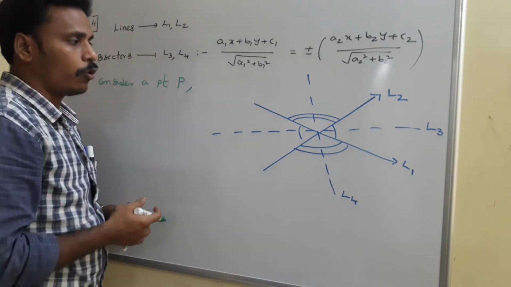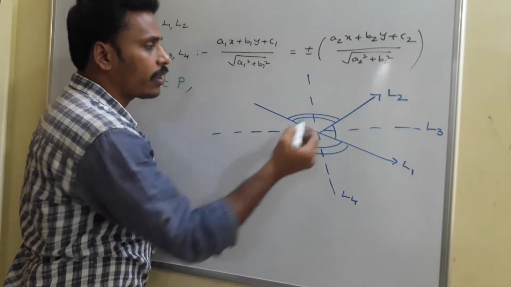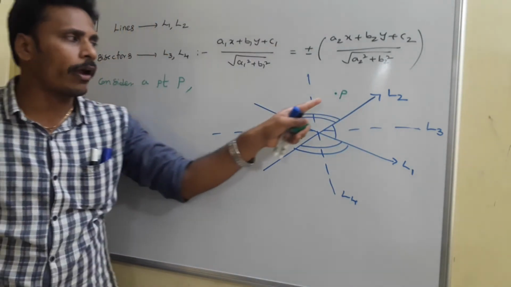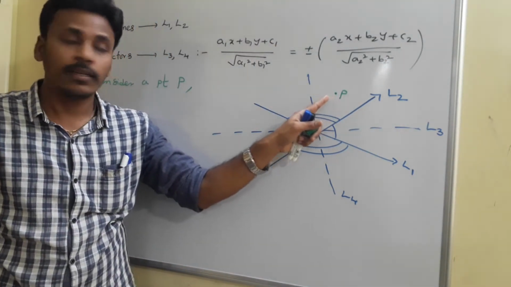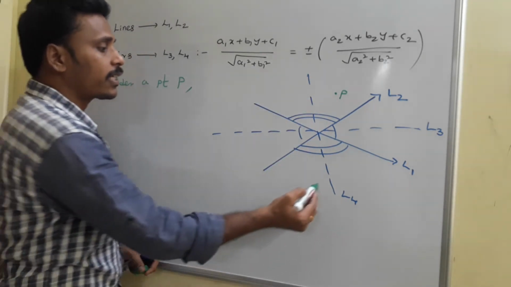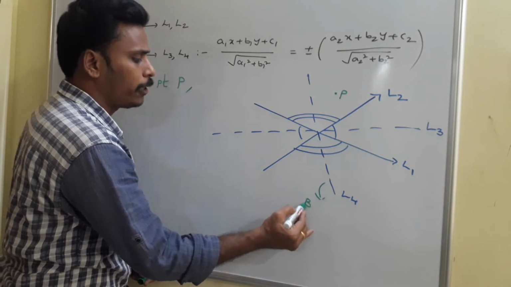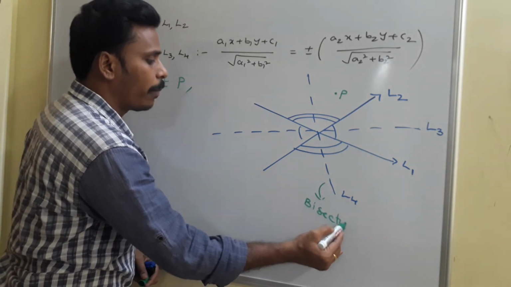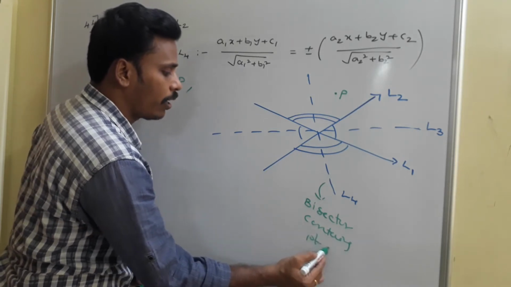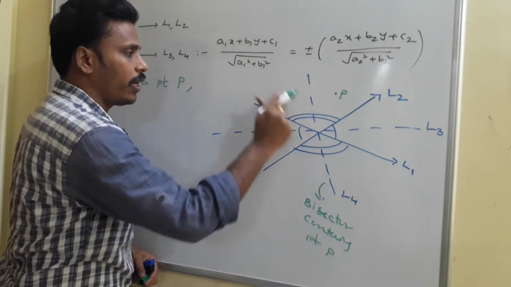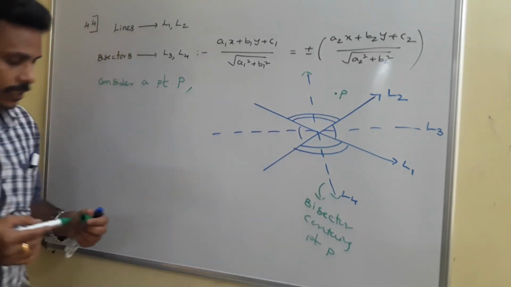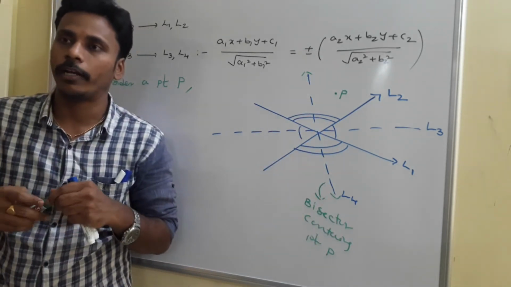If you say the point P is here, then this bisector is termed the bisector containing point P, because P is in this region and in this region this is the bisector.